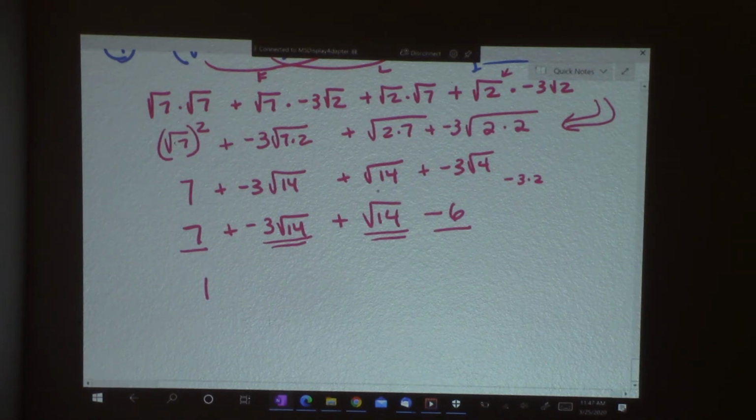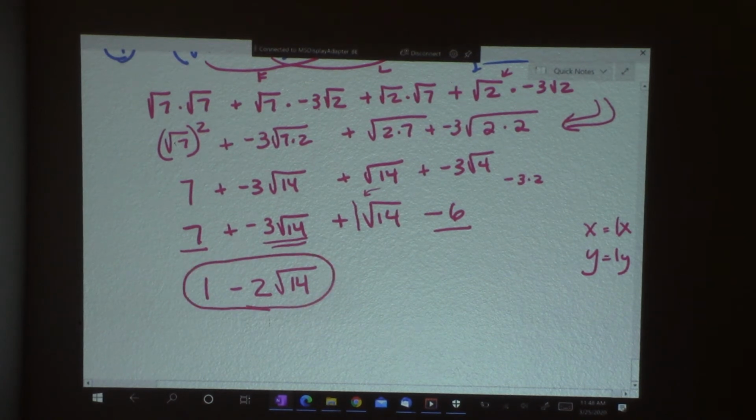If there's no number in front there, just like if I had x or y, what is actually there that I don't see? A 1. So there's really a 1 here. So I have negative 3 square roots of 14, and I have 1 square root of 14. So negative 3 plus 1 is negative 2. Negative 2 what? Square root of 14. And there is my final answer.